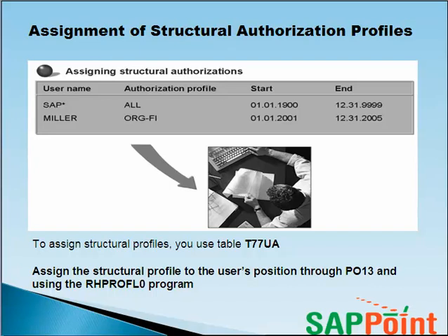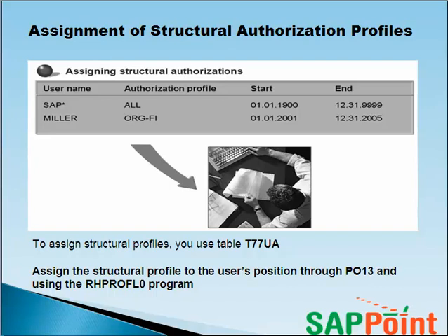Now the set of objects is then checked against the concrete object and the action, display or edit. The authorization is granted only if the object to be checked exists with the necessary processing indicators in the set of objects.